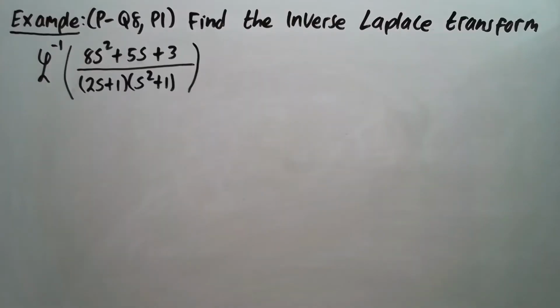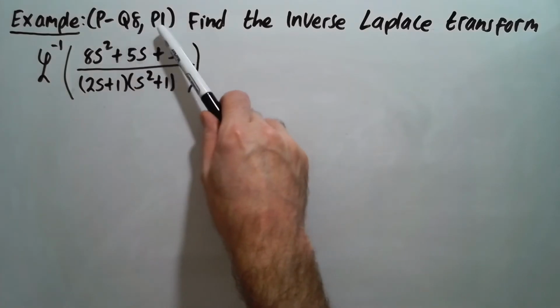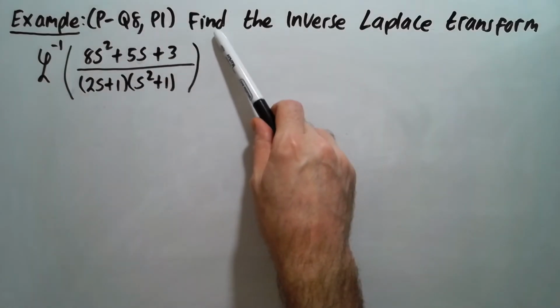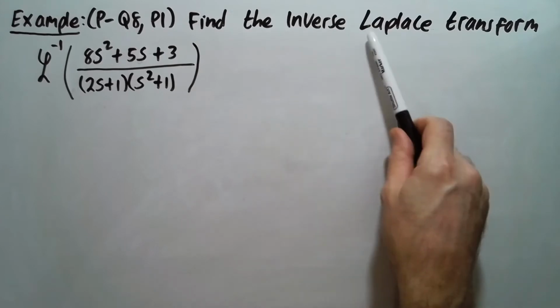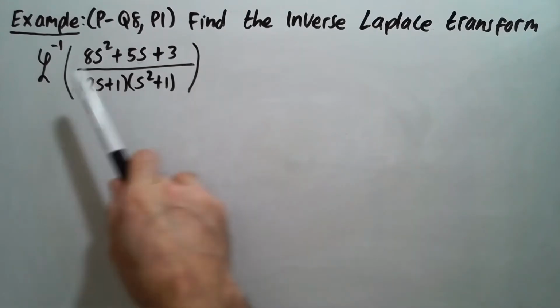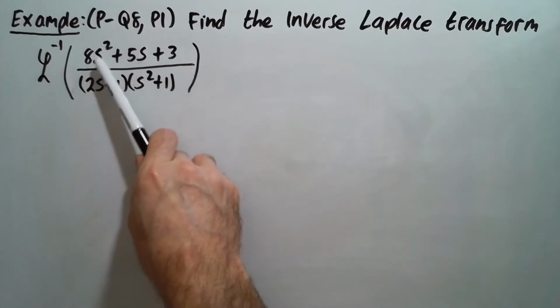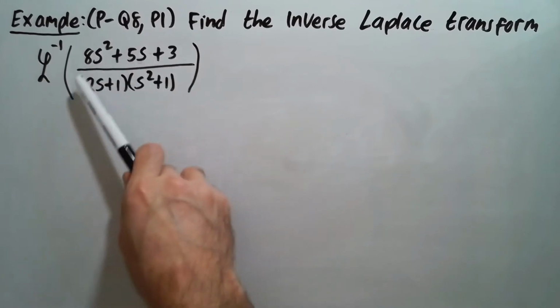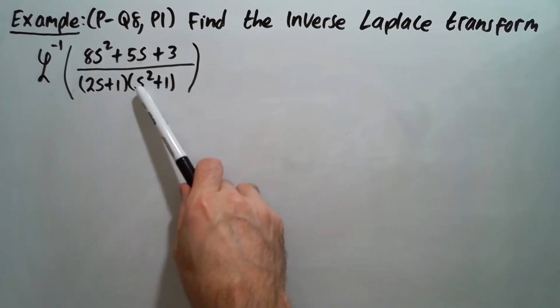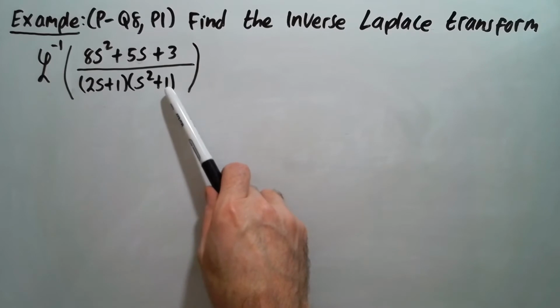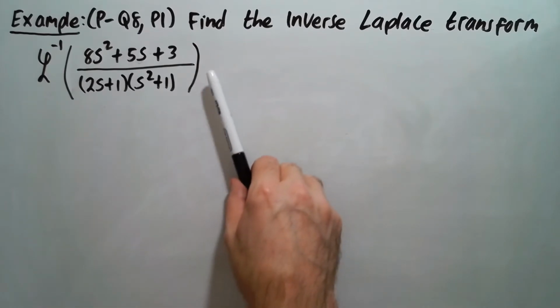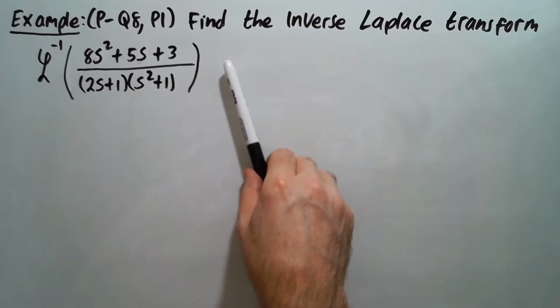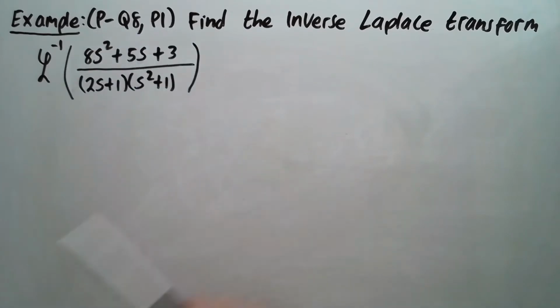Okay, so here's our question from Practice Quiz 8, problem 1. Our example says find the inverse Laplace transform. We have Laplace inverse of 8s squared plus 5s plus 3 over 2s plus 1 times s squared plus 1. So we're looking for a function f whose Laplace transform becomes this.